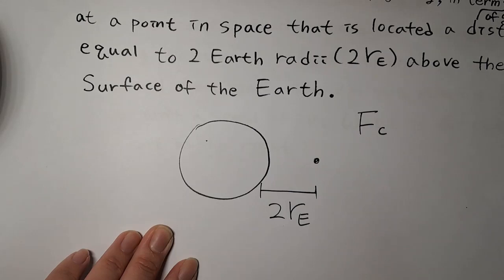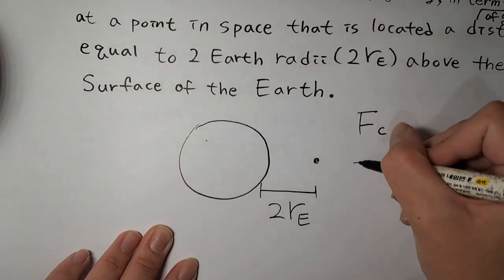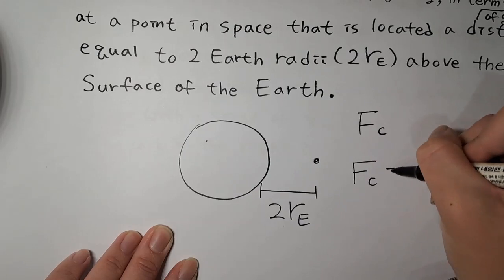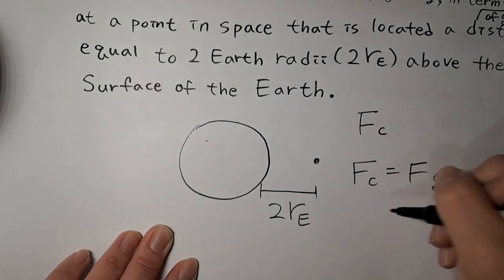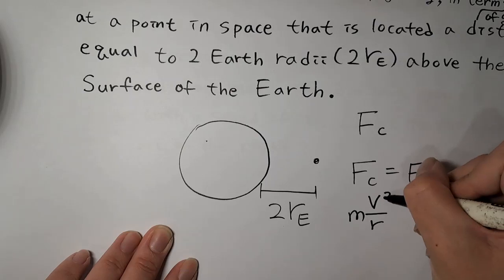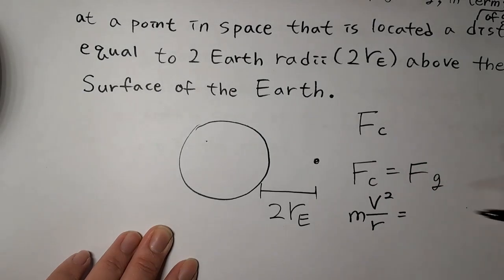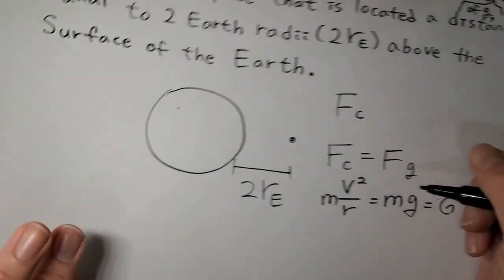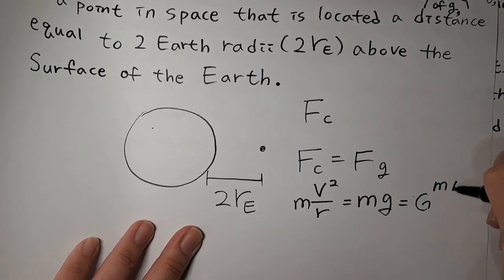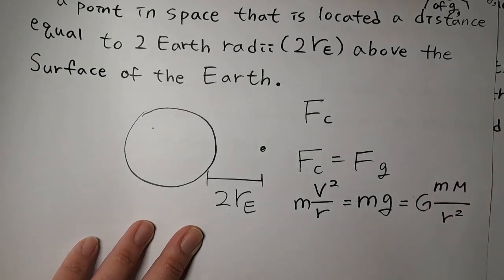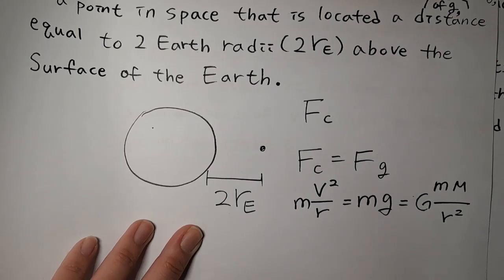For planets, this is the force of gravity. Since the mass of the orbital body cancels, planets at the same radius will have the same orbital speeds.